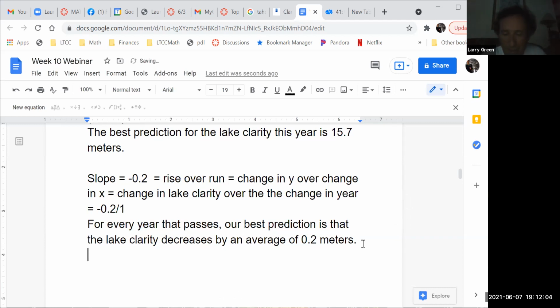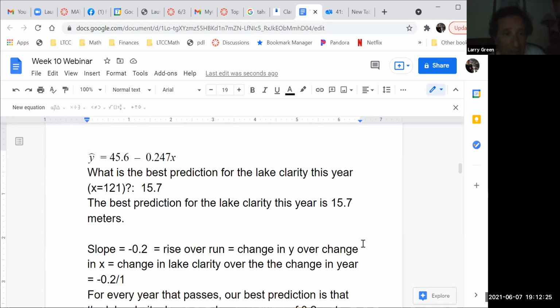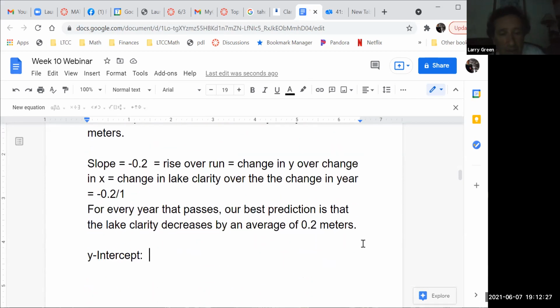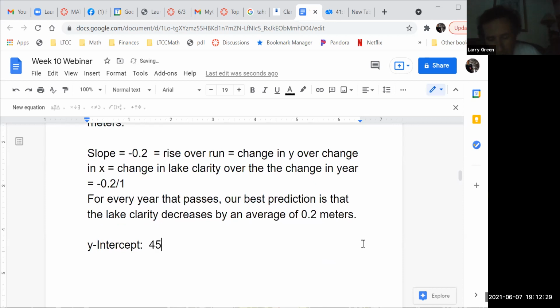How about the y-intercept? Do you think it's a worthy predictor or not? So by the way, the y-intercept is 45.6 ish.